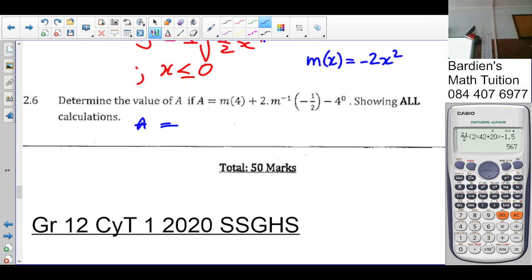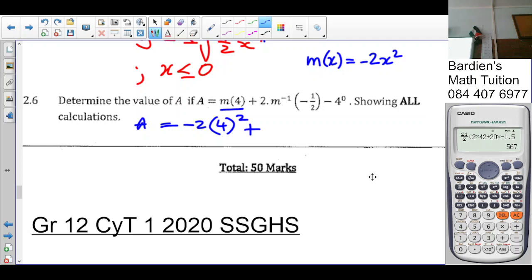So m of 4, wherever I see x, I put a 4. This is functional notation, grade 10. If you have a problem with that, refer to the video with grade 10 graphs. There's going to be negative 2 into 4 squared. So that is that part. Can you see that, people?